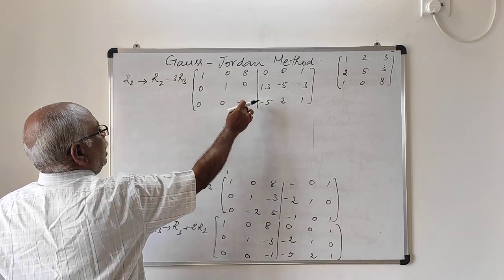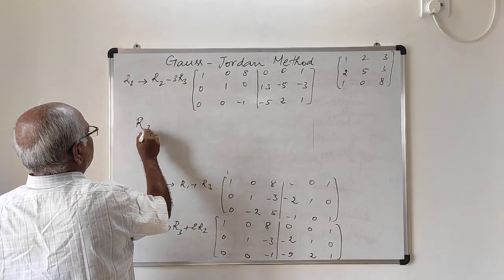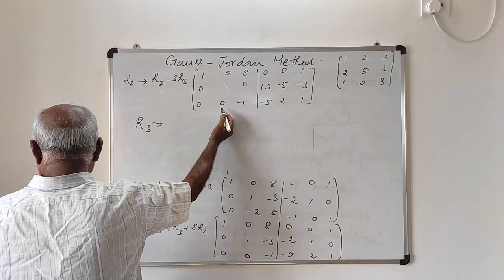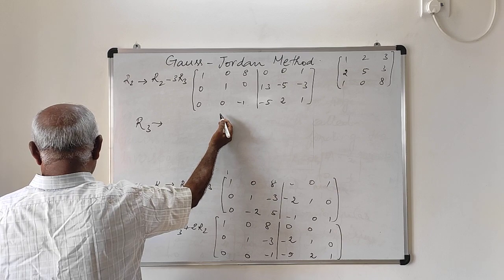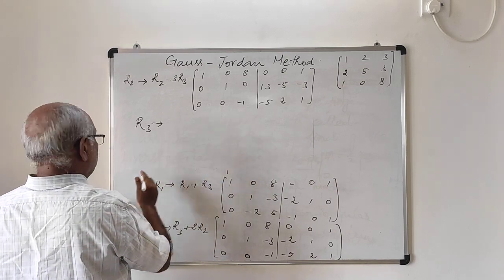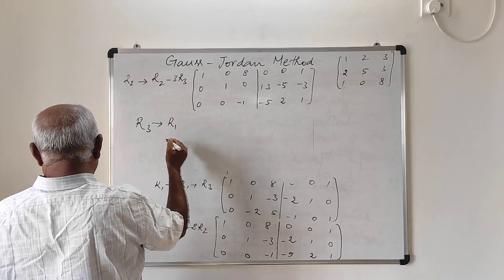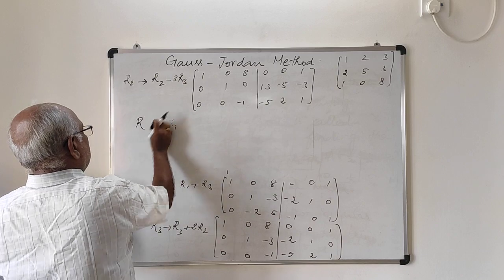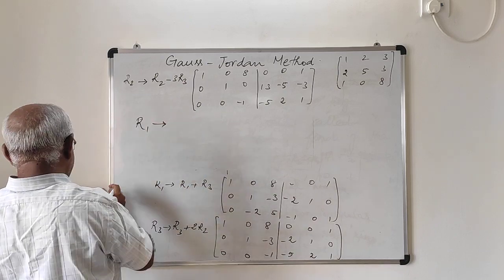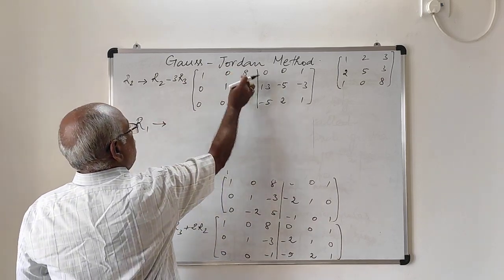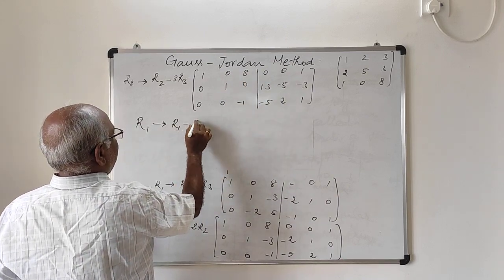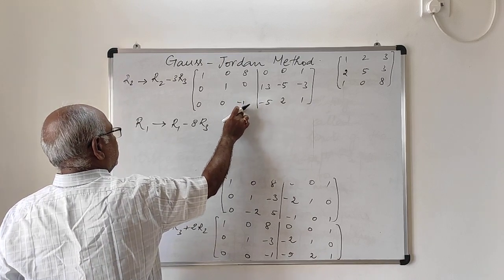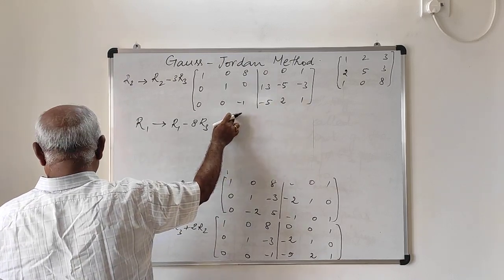For that, R1 is R1 minus 8 R3. So R1 becomes 0. You convert R1 to R1 minus 8 R3, which is minus 8 plus 8.